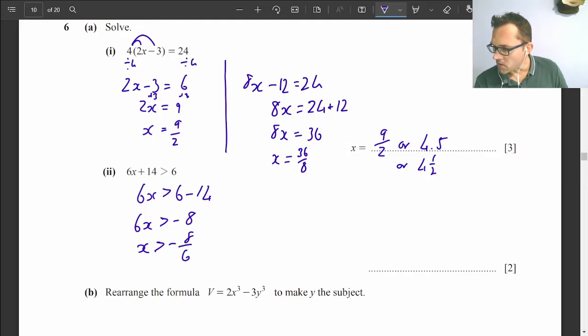They don't say anything about simplest form. Okay, but simplify it anyway, just to be safe. Put it into your calculator and write what your calculator says. Minus 4 over 3. Okay, or if you want to do a decimal or a mixed number.